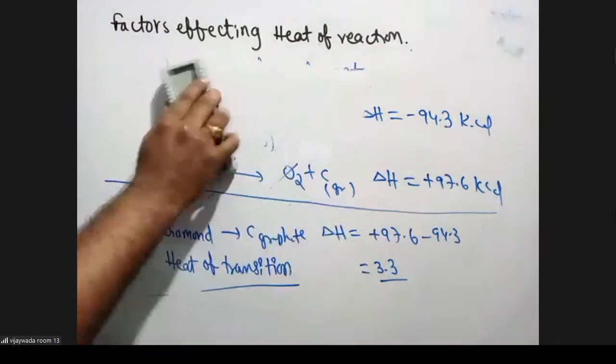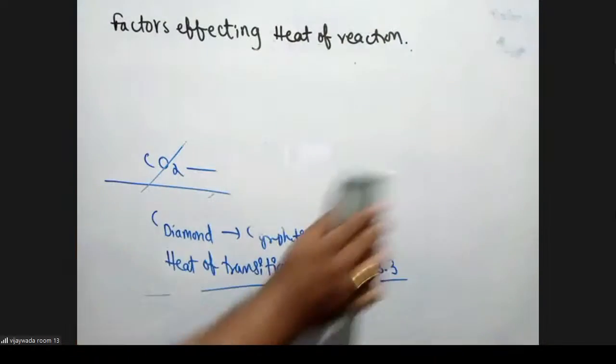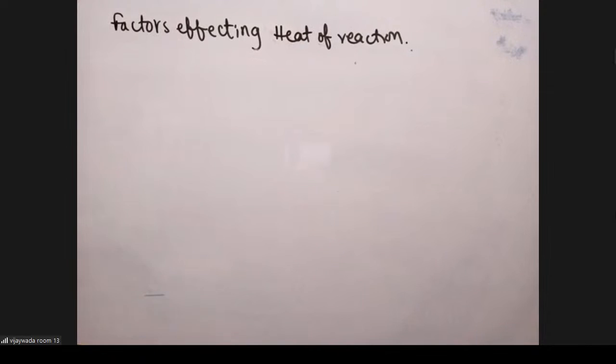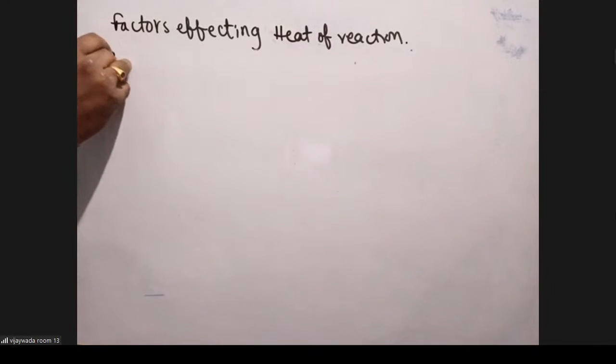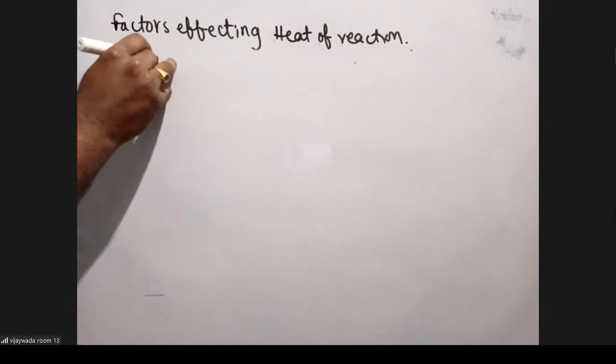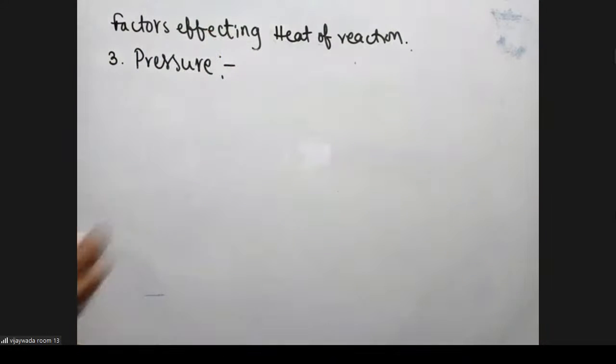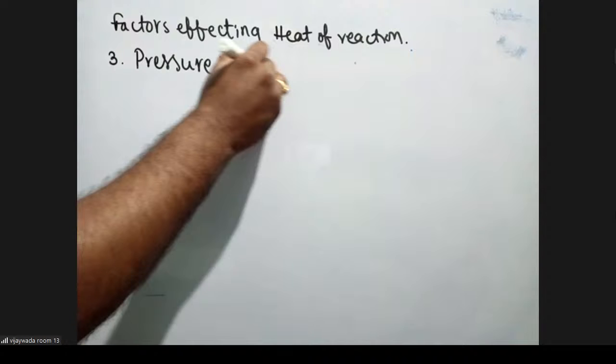Okay, so this is about the second influencing factor on heat of reaction. The third influencing factor is pressure. Yes, we already studied that at constant pressure, delta P equal to 0.